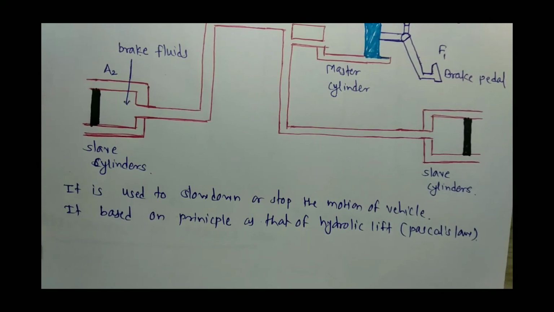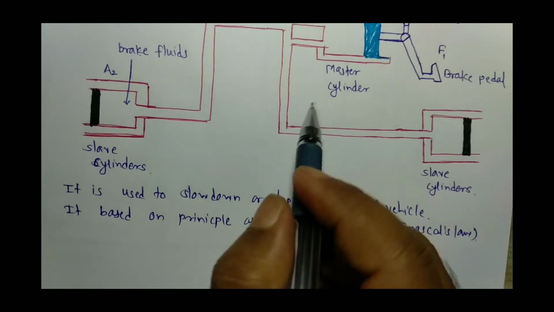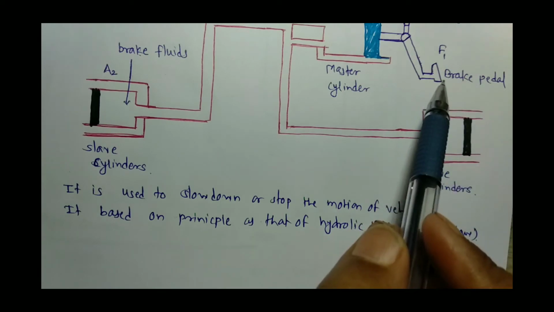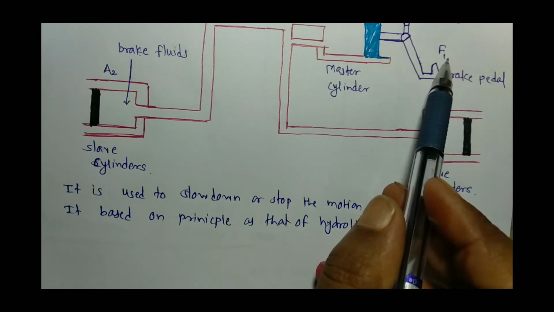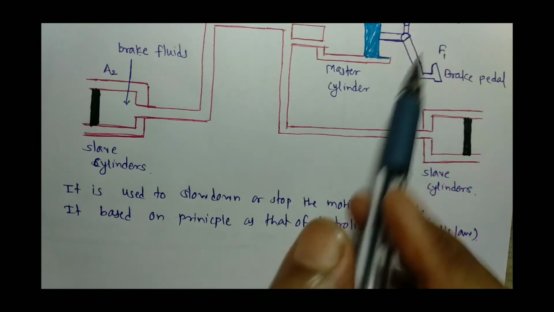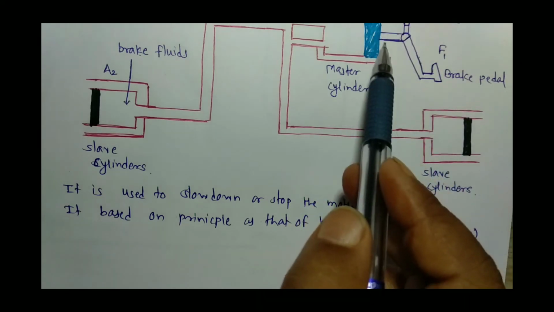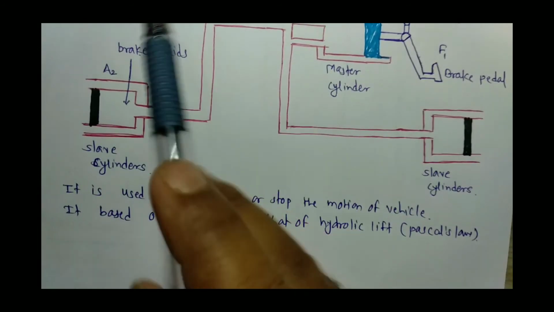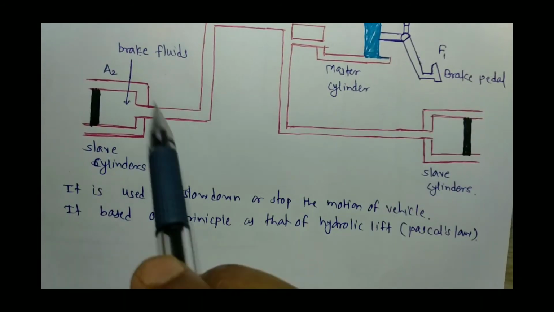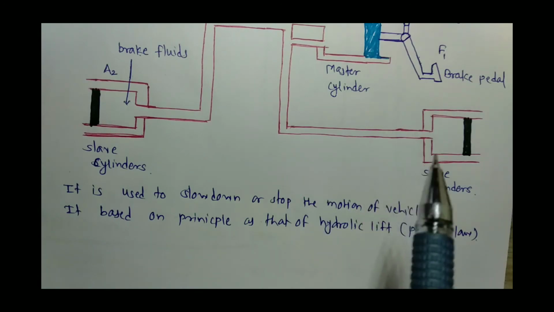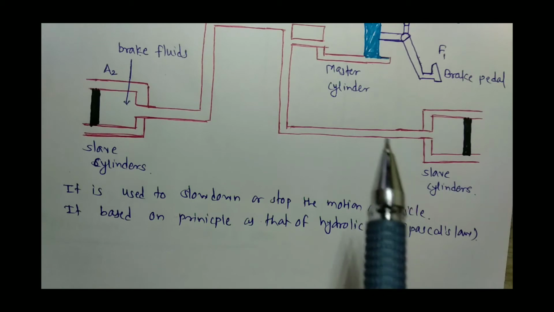In a schematic diagram, we know that the master cylinder is provided with a brake pedal, and a small force F1 is applied on that brake pedal. At that time the master cylinder creates pressure, and this pressure is provided to all slave cylinders equally and without diminishing, which creates the larger force.